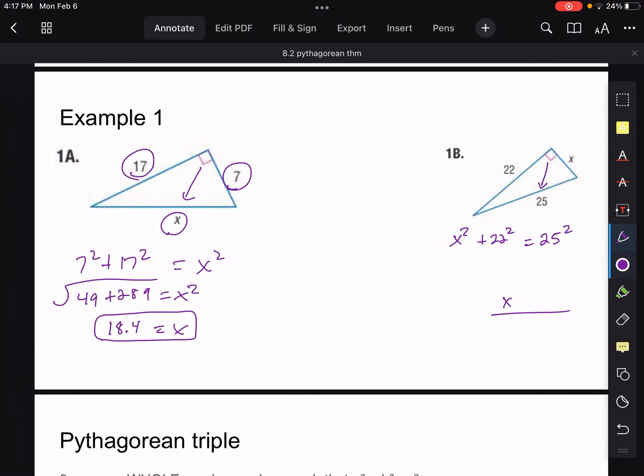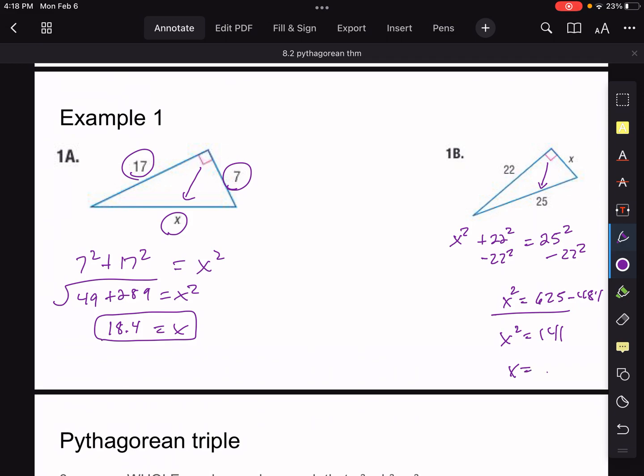All right. And when you end up doing this, so if you take 25 and square it, you get 625. Okay. And then if we subtract 22 squared from both sides, 22 squared is 484. Okay, so we have x squared equals 625 minus 484, which gives us 141.